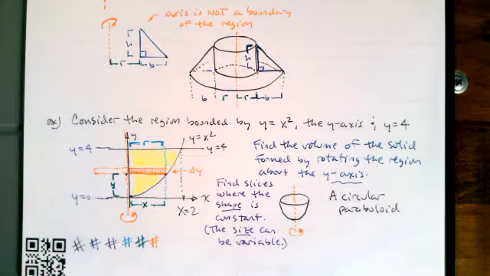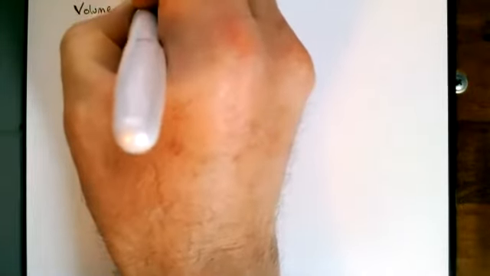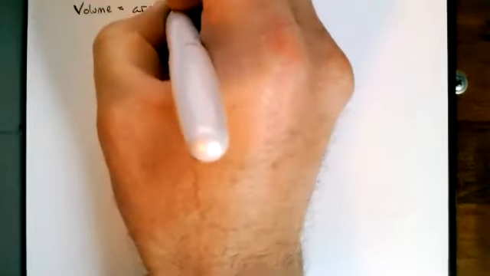All right, so let's turn the page and set up our integral. Hashtag branding. So our volume is cross-sectional area multiplied by height.